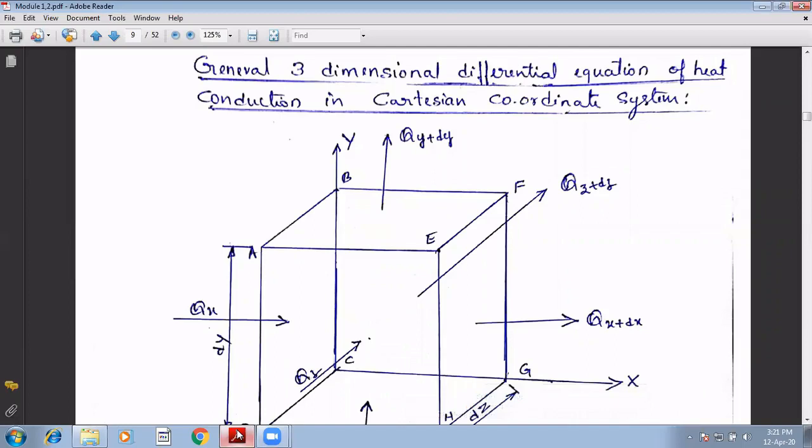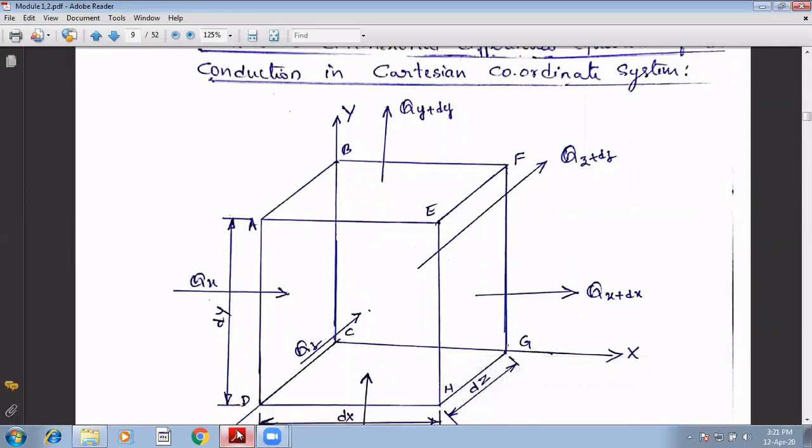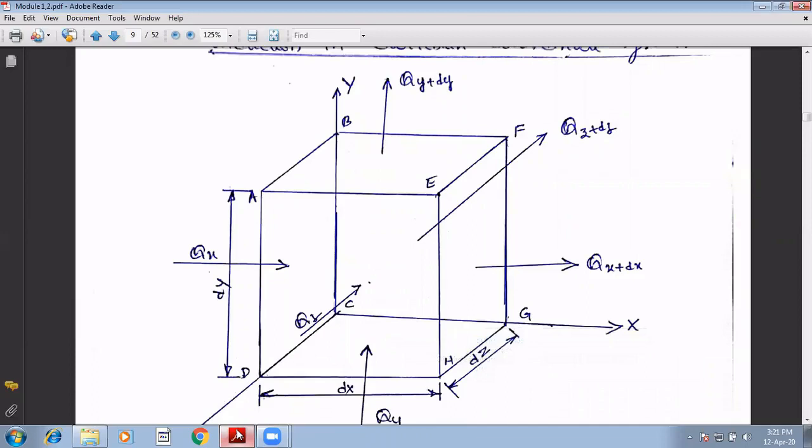Now, before we proceed, I will tell you what we are going to do in this derivation part. We have considered a small cube element whose dimensions are dx, dy, and dz in the x, y, and z directions respectively.